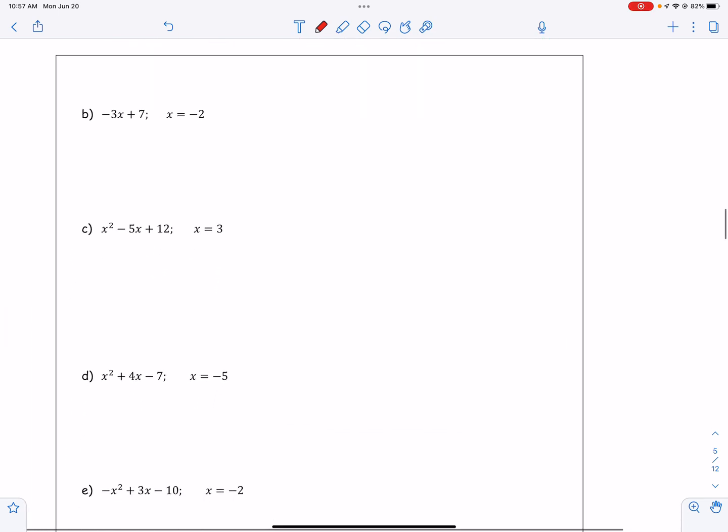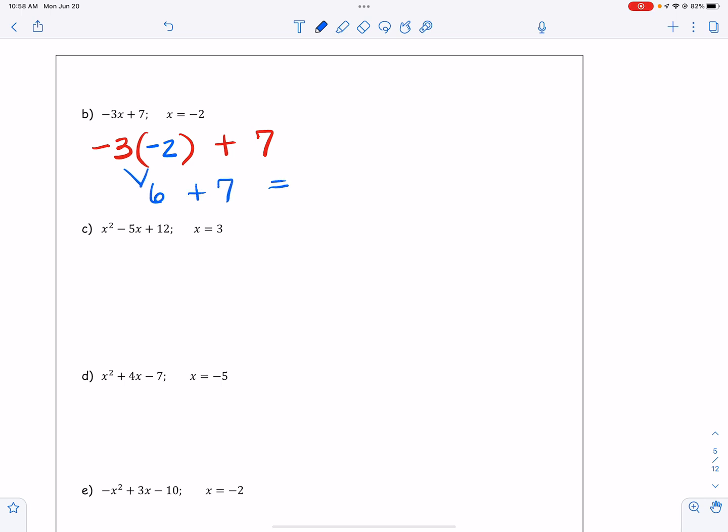Going down here, I'm going to rewrite -3 parentheses for x plus 7. I'm going to insert a -2 in the parentheses. -3 times -2 is 6, and 6 plus 7 yields 13.